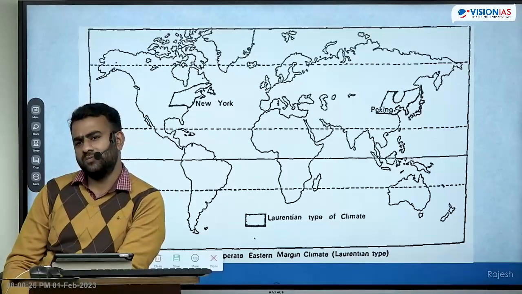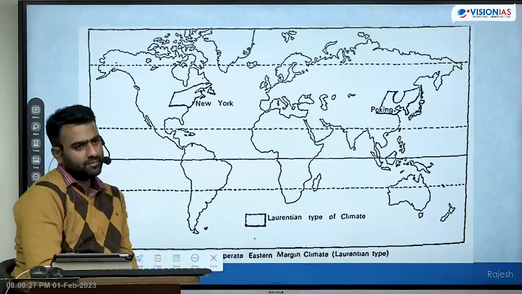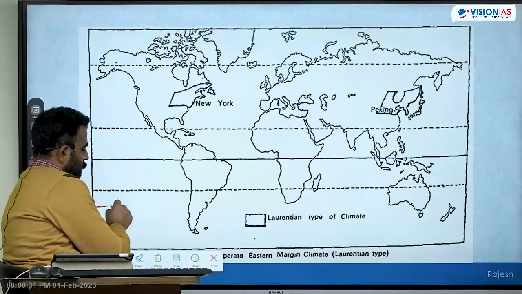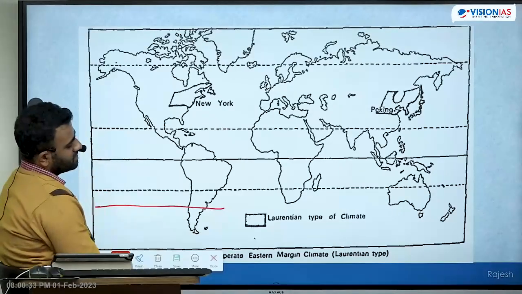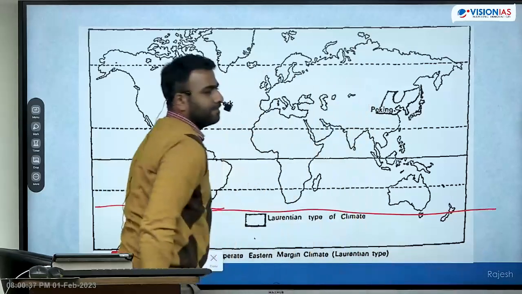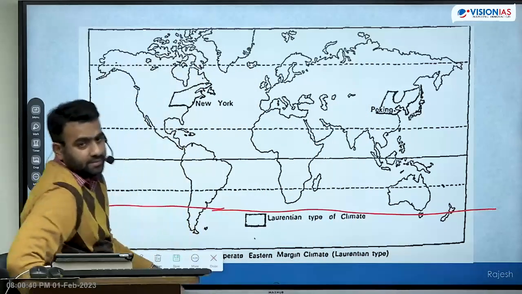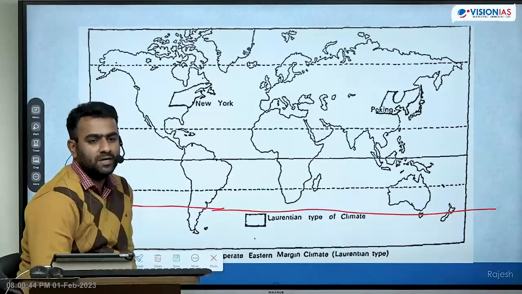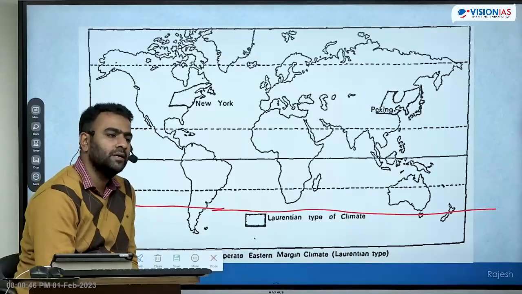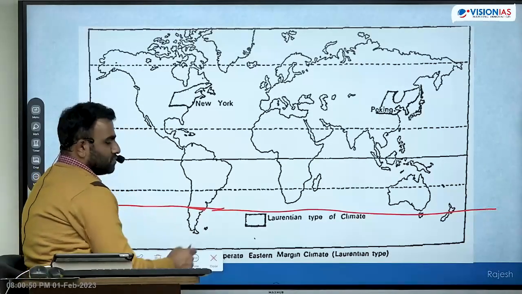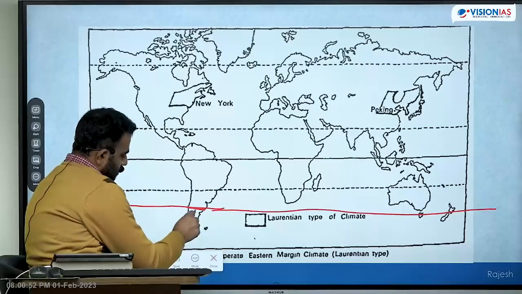What about southern hemisphere? In southern hemisphere there is very less amount of land available beyond this. Cool temperate का part actually बहुत कम है, but still there is some part. Even though in some of the sources it is given as almost absent, it is only almost absent. It is not completely absent. For example, if you take the southern tip of South America, the land is very narrow.